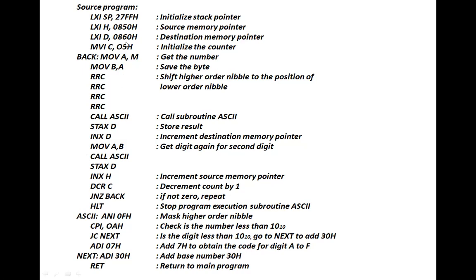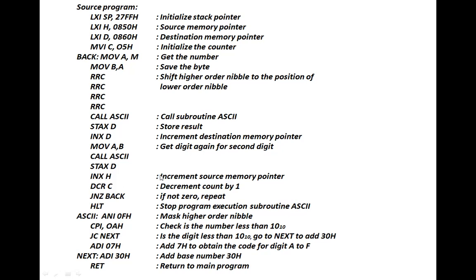So 0860 contains the ASCII code of the higher order nibble, and 0861 stores the ASCII code of the lower order nibble. And once it is done, we increment the content of the HL pair. The HL pair was previously 0850, now it will become 0851.